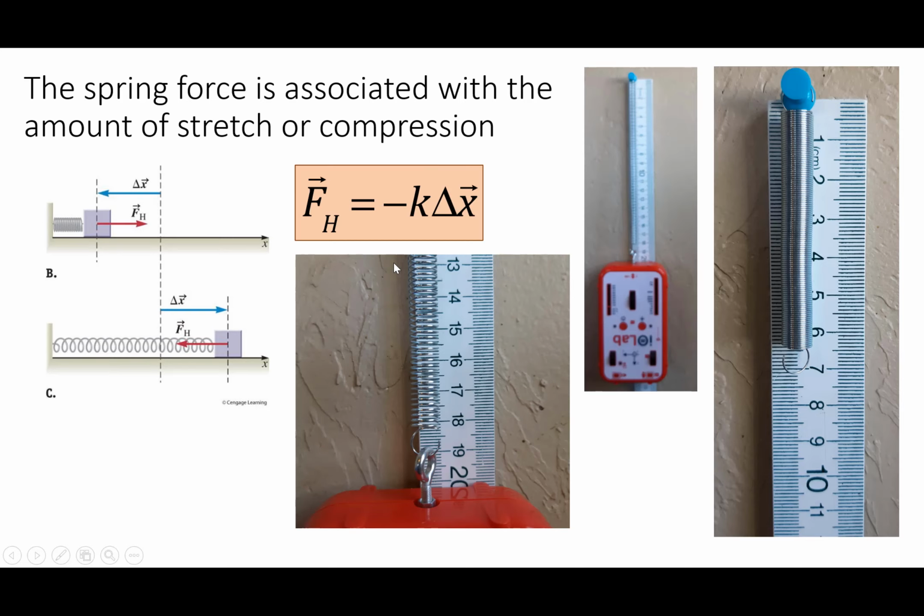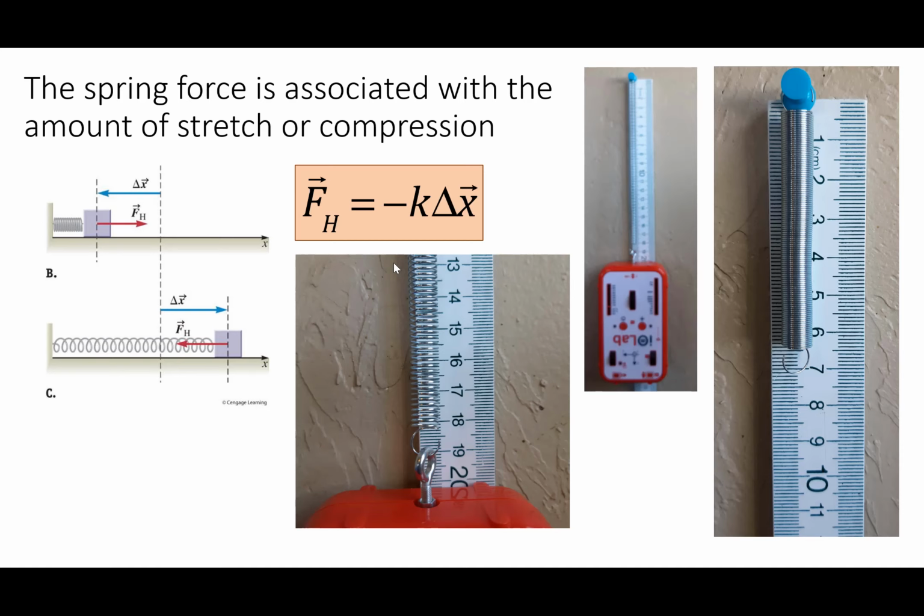And the reason I bring that up is the spring constant is going to be dependent on the spring. If I have a slinky, it's going to have a different spring constant than I'm going to get with a spring around the shock absorber underneath the car, or the spring in my garage door opener, or the spring in, say, a stapler.